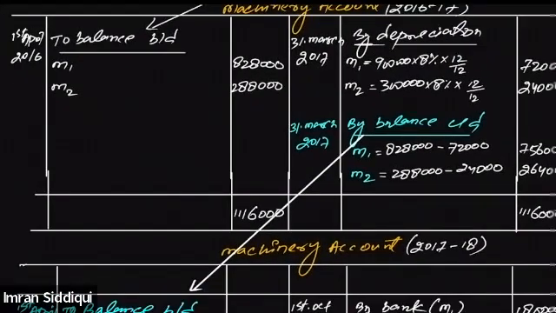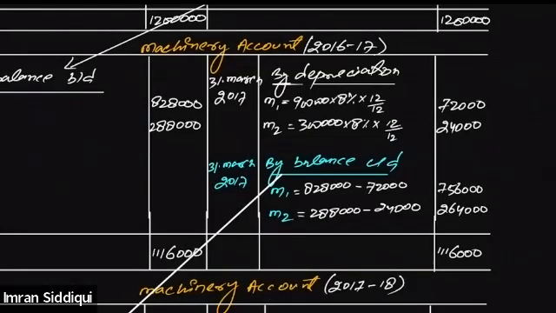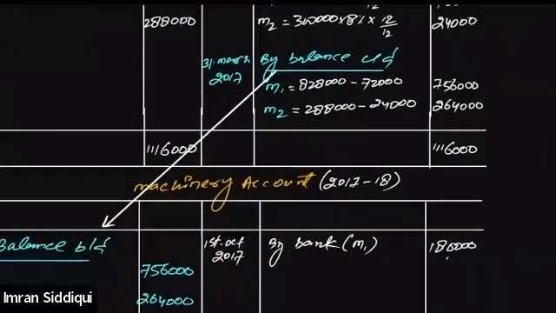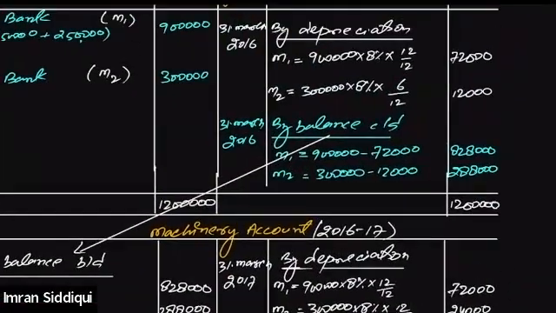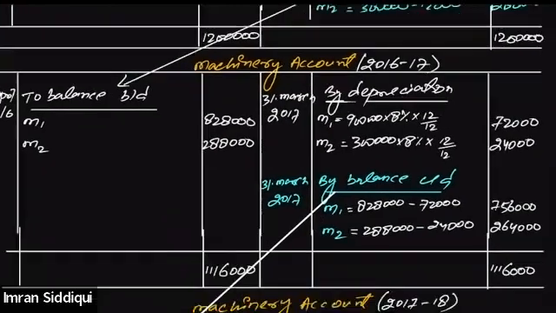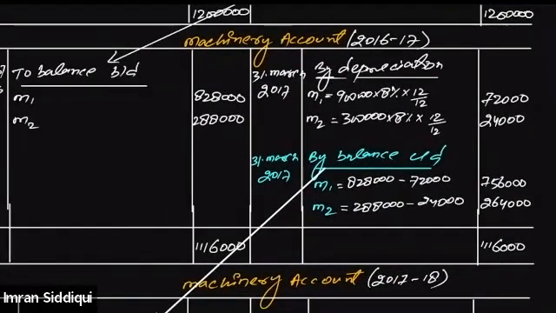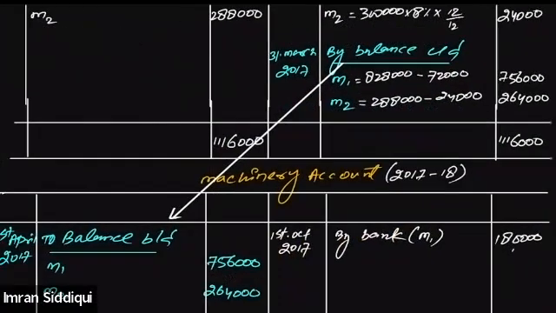I think I have made a mistake. Nine lakh minus 74, 8 lakh 58. All right, that's right.